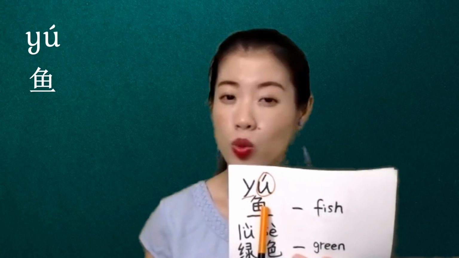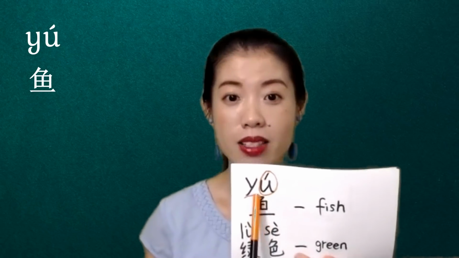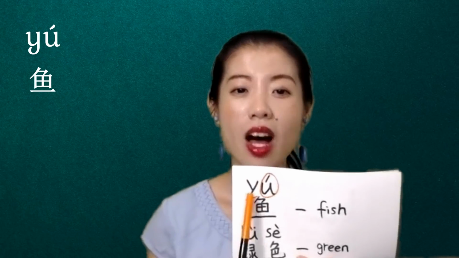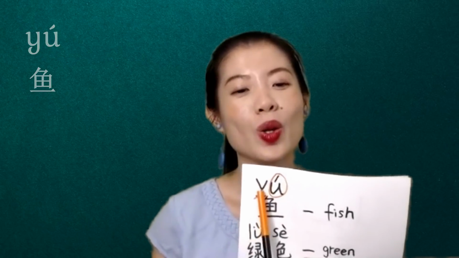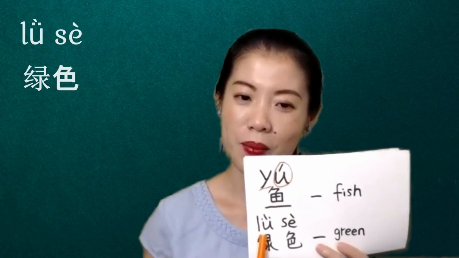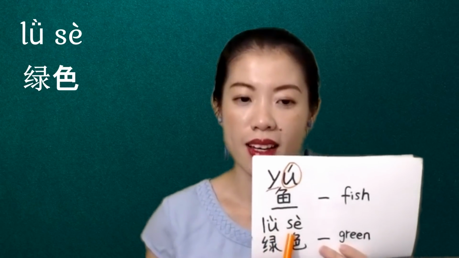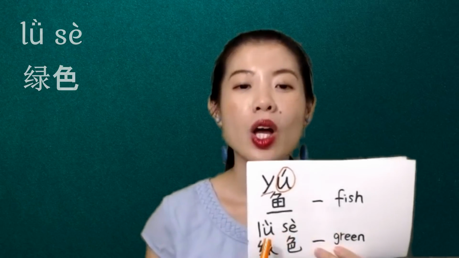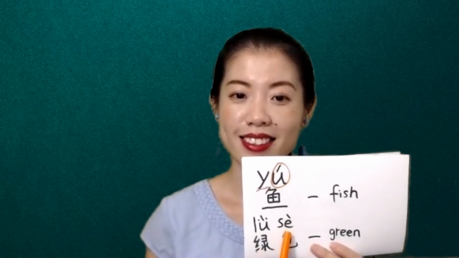It doesn't pronounce wu or you, okay? It pronounces yu still, even when the dots disappear. So, yu, fish. And this one, 绿色, green.